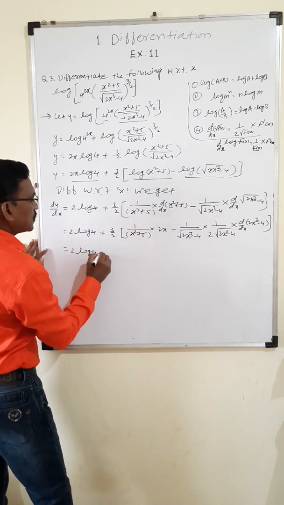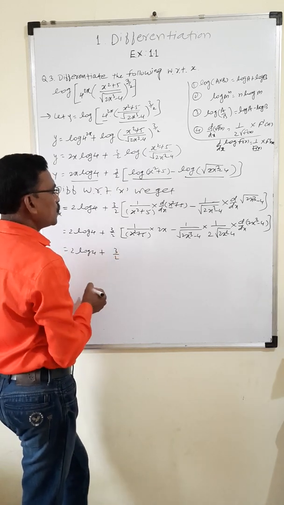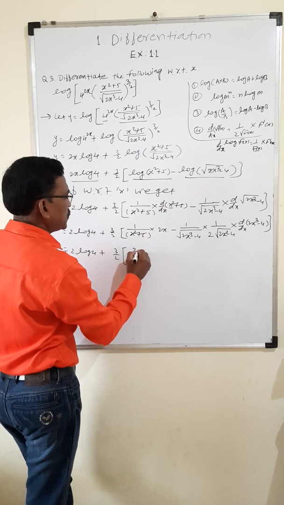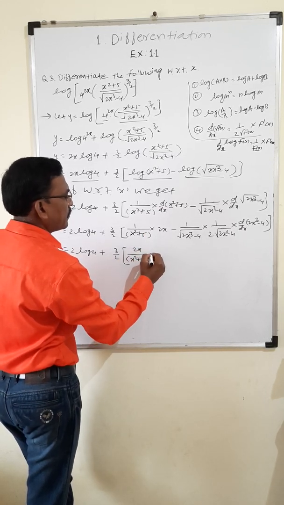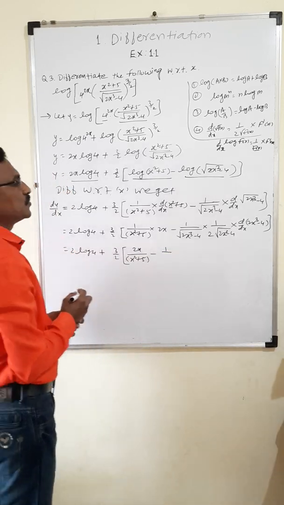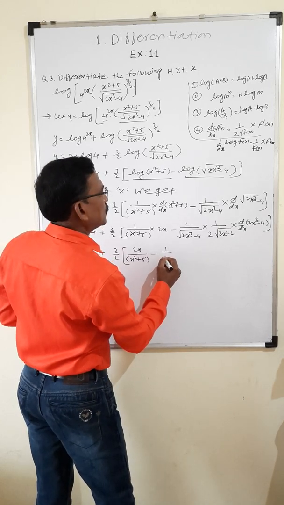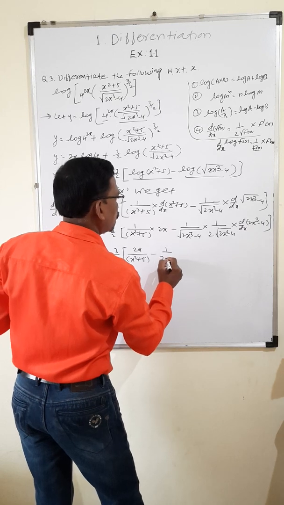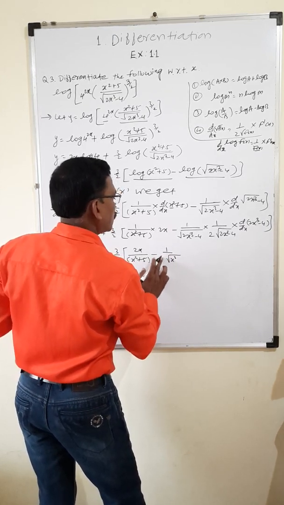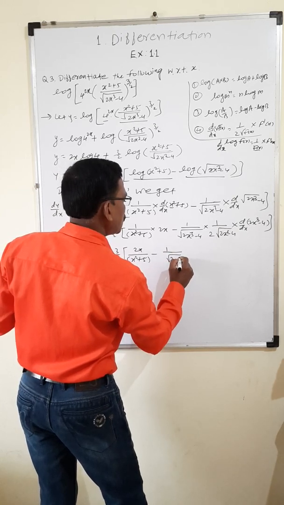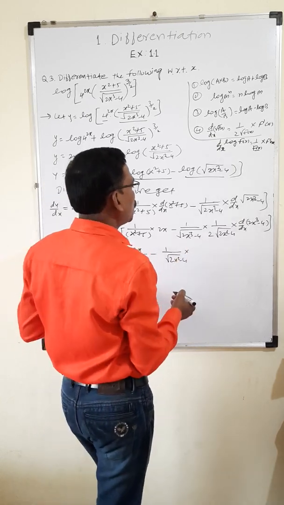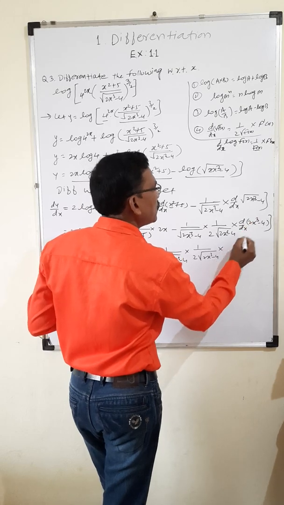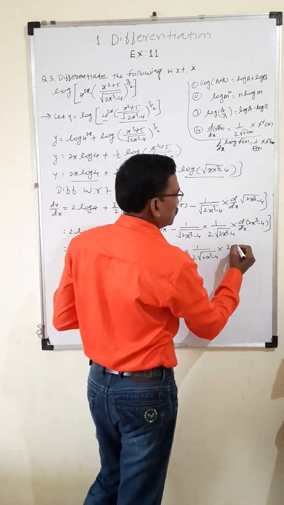Now 2 log 4 again it is as it is, 3 by 2 into this is 2x by x square plus 5 minus 1 by 2 root of 2x cube minus 4 into derivative of 2x cube minus 4. 2 constant as it is, and derivative of x cube is 3x square.